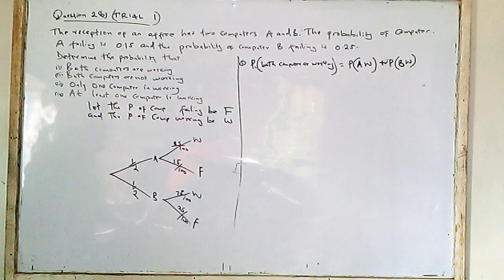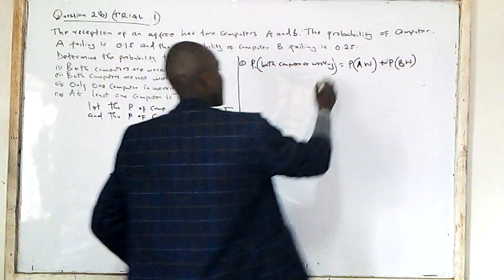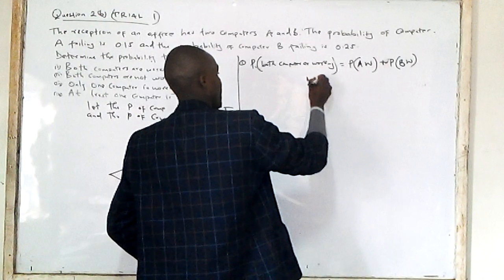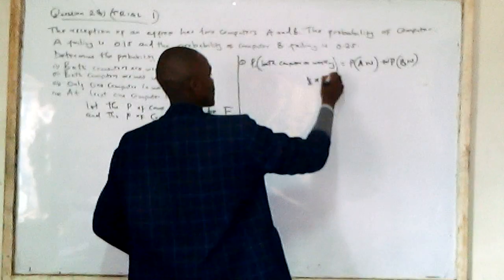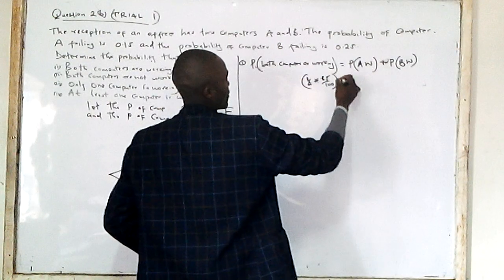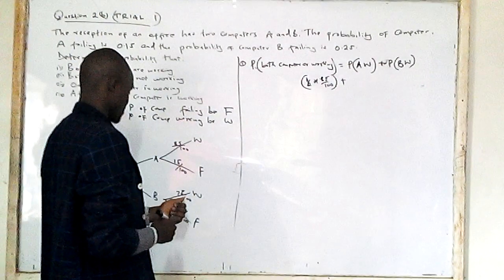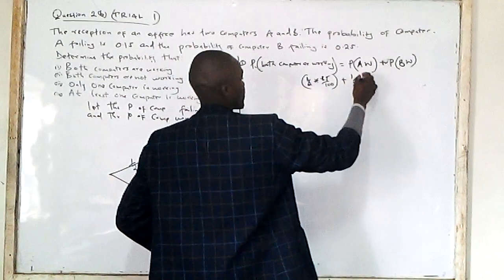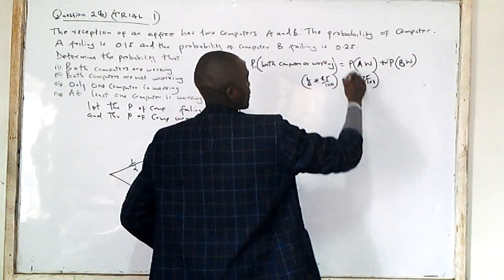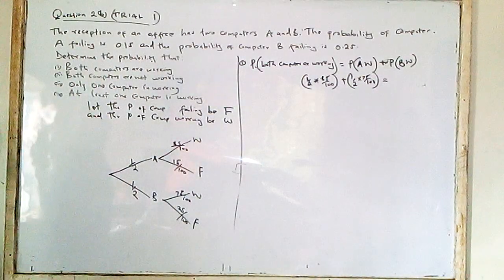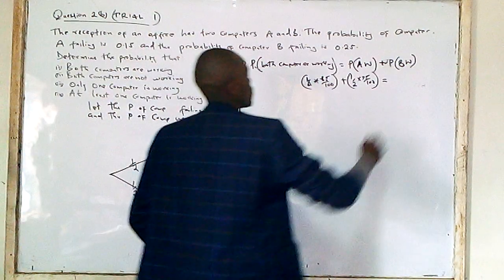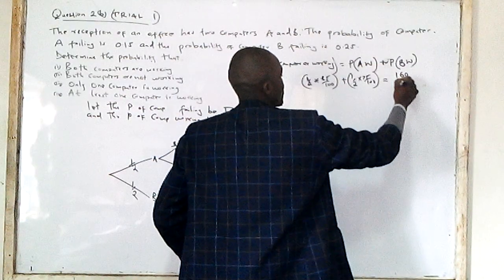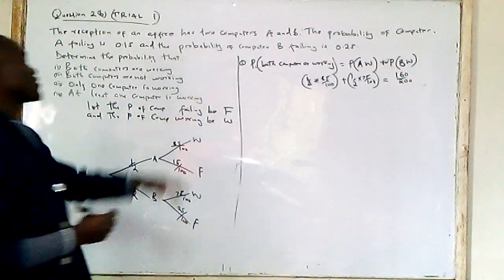So you get your answer as a half times 85 over 100 plus a half times 75 over 100. So you get your answer as 160 over 200. So that is the probability that both computers are working.